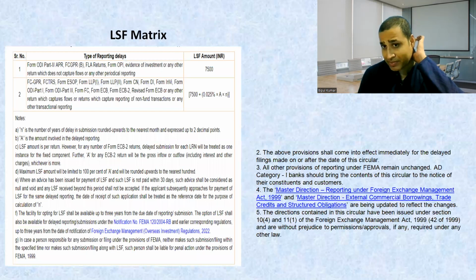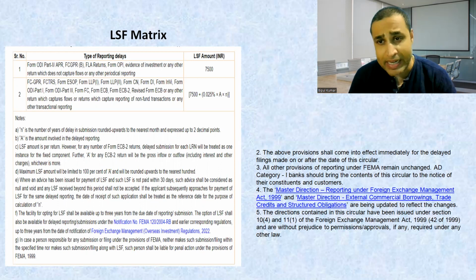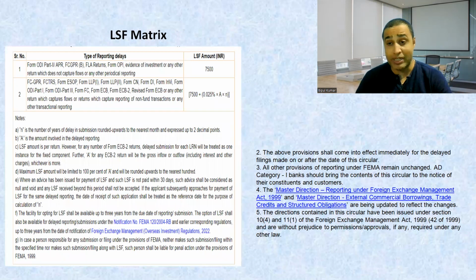LSF matrix. How much amount is imposed as a penalty, the late submission fee? There are two types of reporting delays under FEMA.